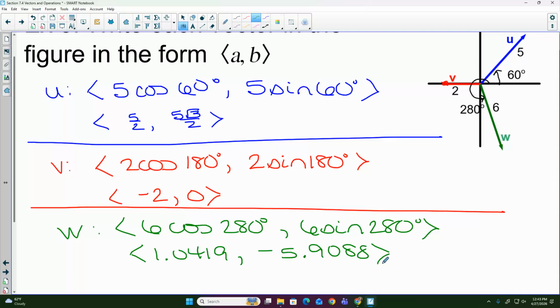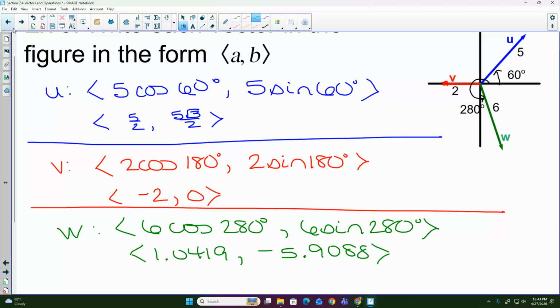Any problems writing vectors? So magnitude is just the length of it. It's like the Pythagorean theorem. To find the angle, you can use tangent. And then writing the vector, it's basically just like on the unit circle, cosine or sine, times the radius is essentially what we're doing.